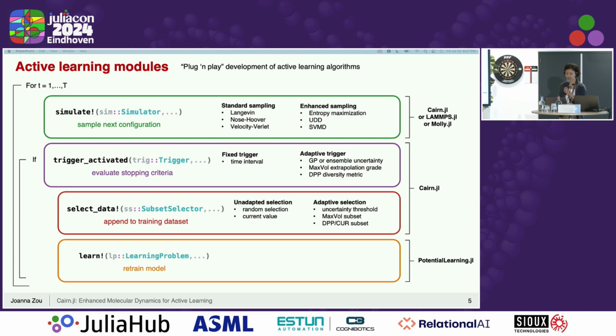Among subset selectors, we can make a basic selection, such as a random subset of the trajectory, or we can make an adaptive selection using an algorithm such as d-optimality, DPPs, or CUR. And then finally, among learning problems, we generally train using least squares loss and energies, forces, or both. One could also frame this into a Bayesian inference problem through the definition of a likelihood and prior over the parameters.